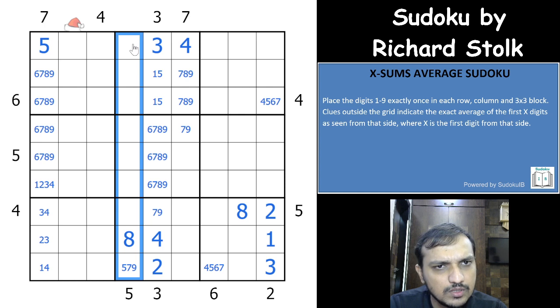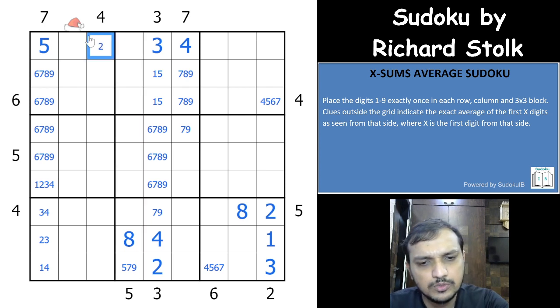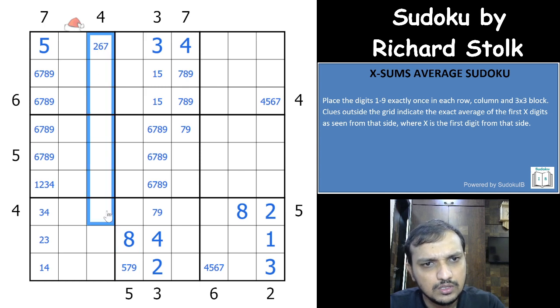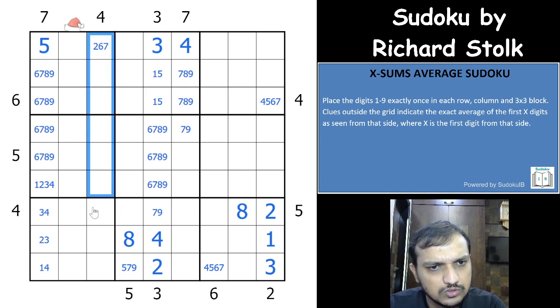What are we missing here? So 1 is not possible. 2, 6, 7 is possible, right? 6 is 24, 7 is 28.